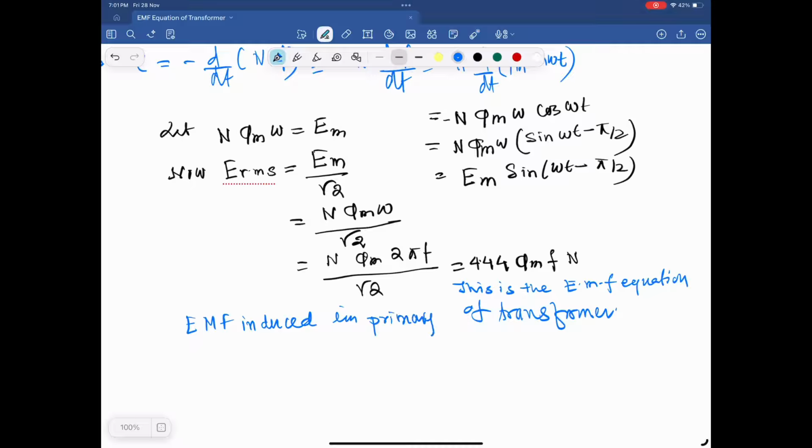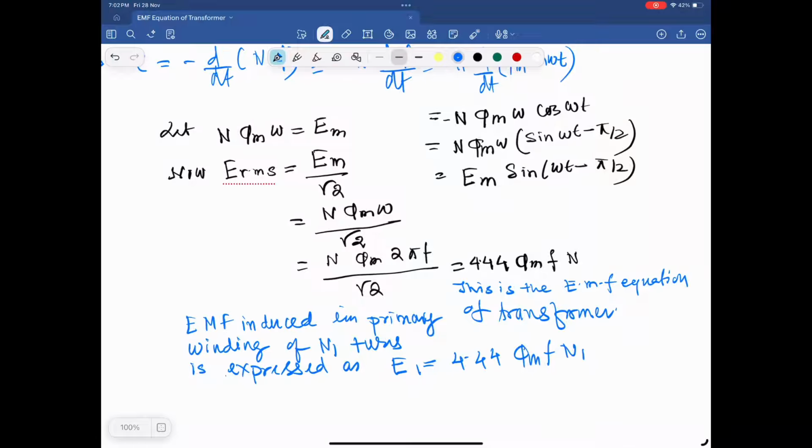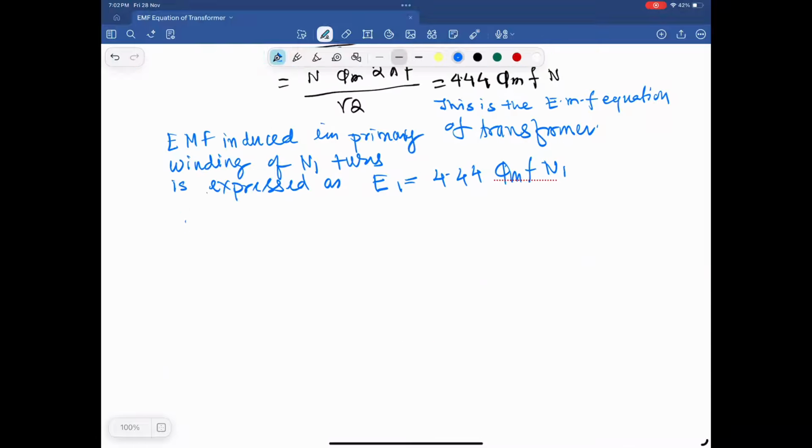So the EMF induced in the primary winding of N1 turns is represented by E1 equals 4.44 phi m f N1. Similarly, the EMF induced in the secondary winding of N2 turns is expressed as E2 equals 4.44 phi m f N2.